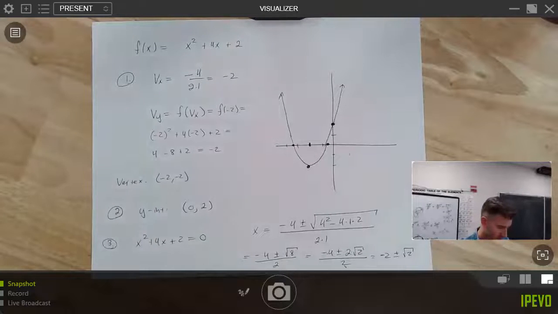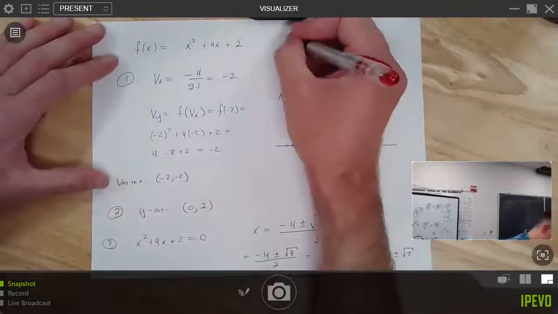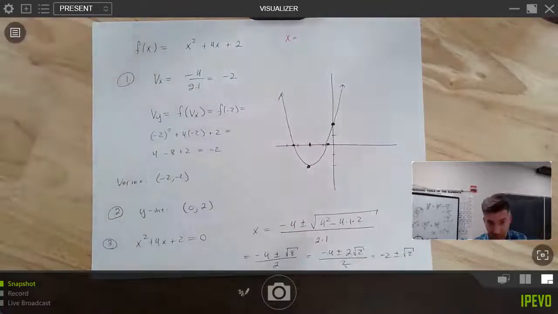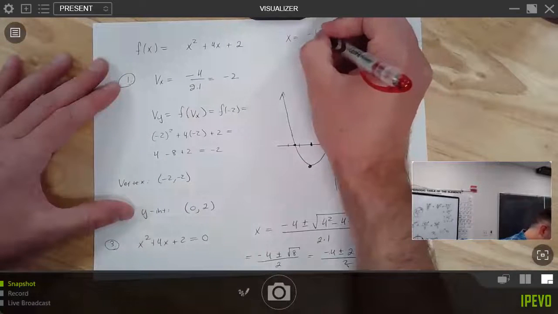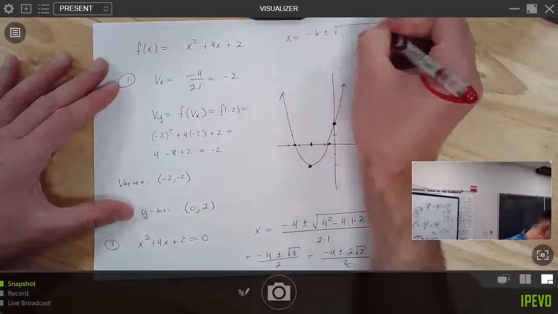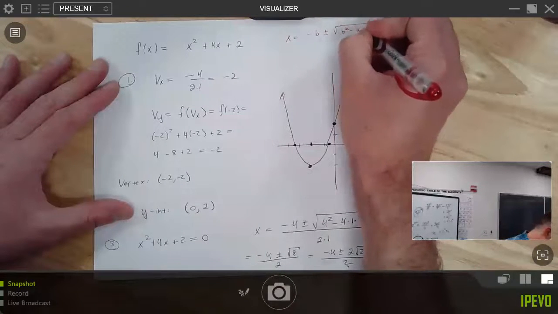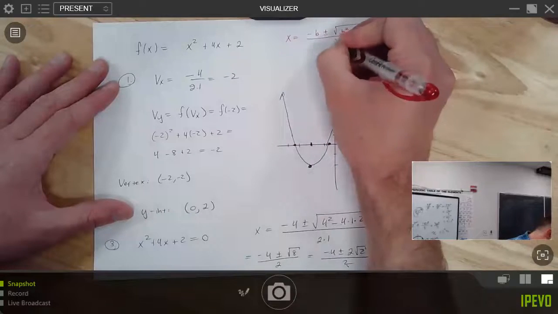The last thing I want to say about this, because it is kind of cool, to answer the question about the negative b over 2a again, you can kind of see it from the quadratic formula, right? The x-intercepts, if they exist, are negative b plus or minus the square root of b squared minus 4ac all over 2a.